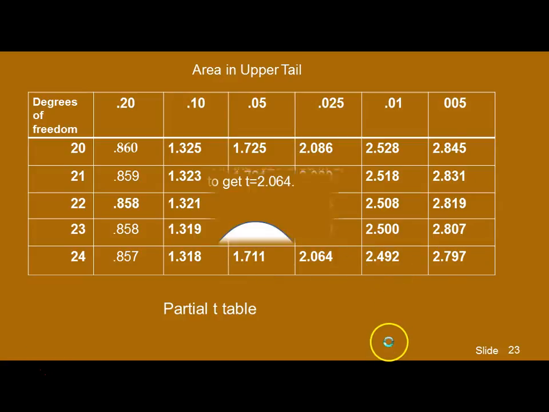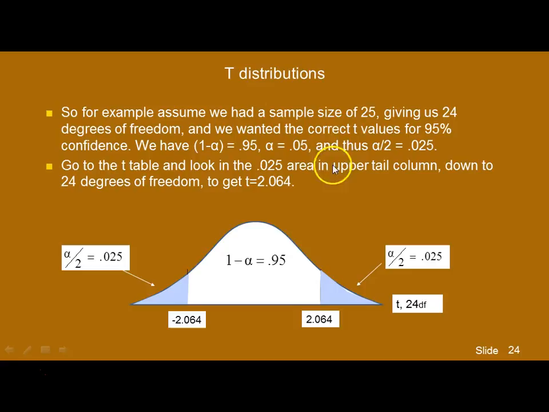So let's do an example. Suppose our sample size was 25, which would give us 24 degrees of freedom in the particular formula we're looking at now, and we wanted to get the correct t-values for 95% confidence. So we have 1 minus alpha is 0.95, alpha is therefore 0.05, and alpha over 2 would be 0.025.